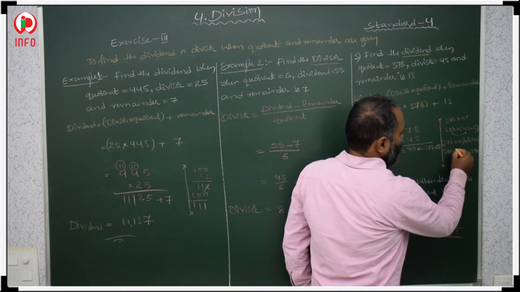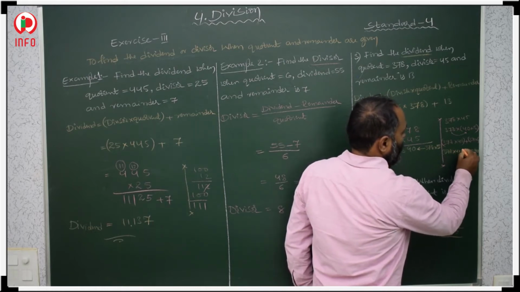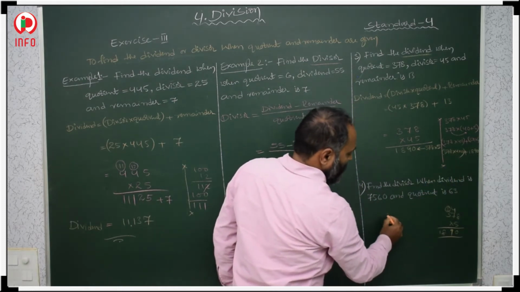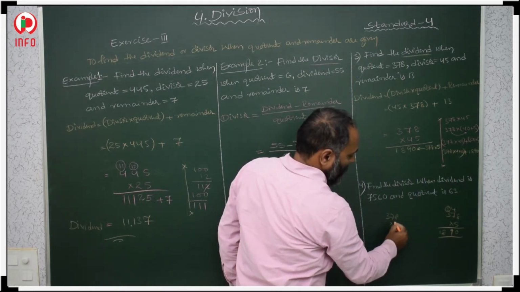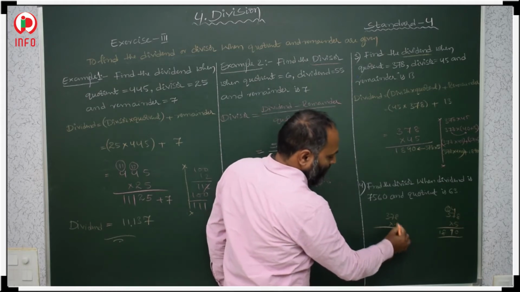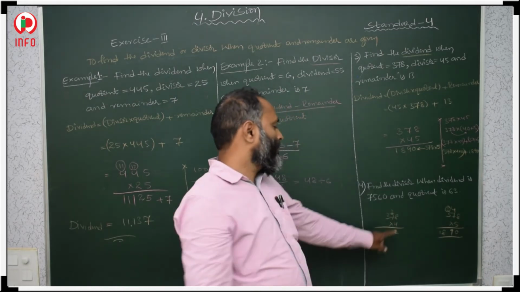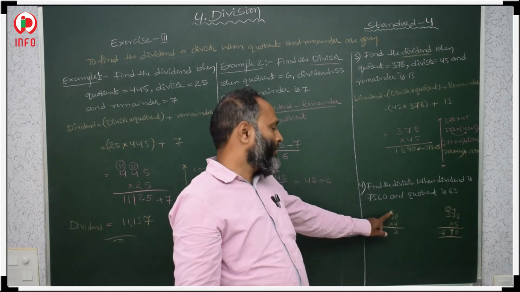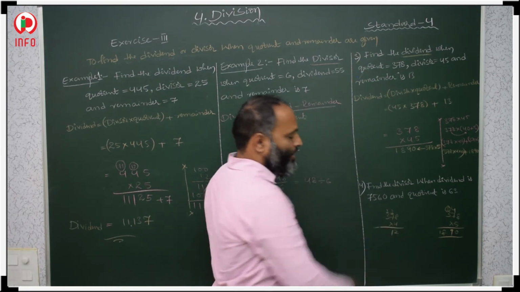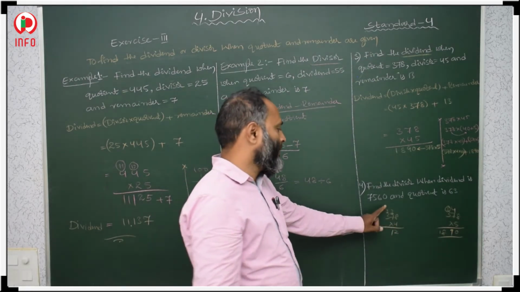378 into 40 means 4 into 10. First we have to multiply 378 with 4. 4 8s are 32. 4 7s are 28, 29, 30, 31. 4 3s are 12, 13, 14, 15.